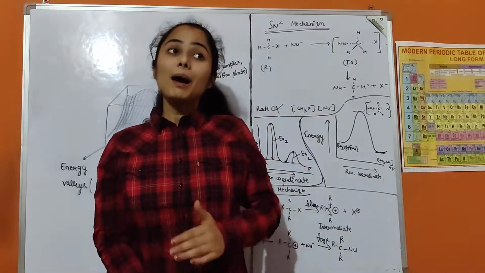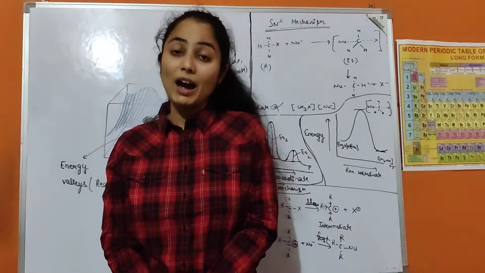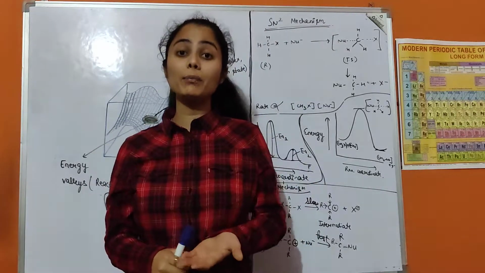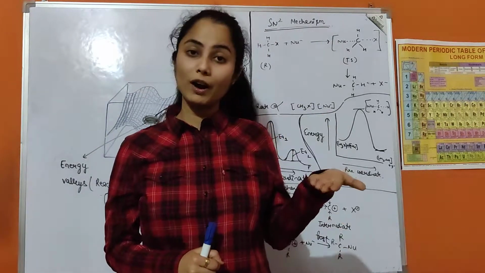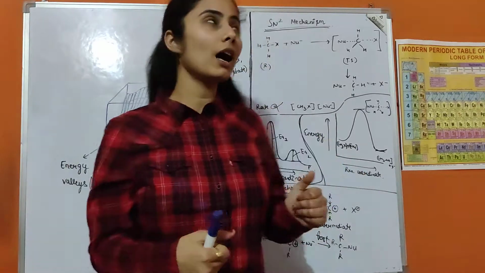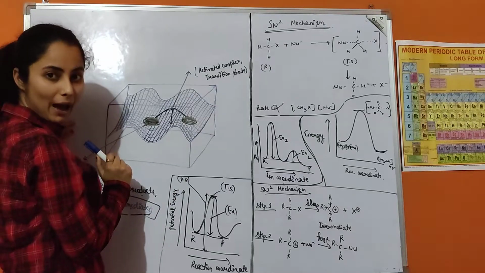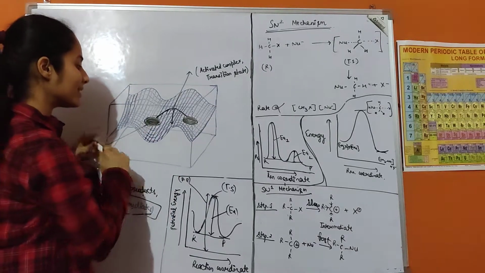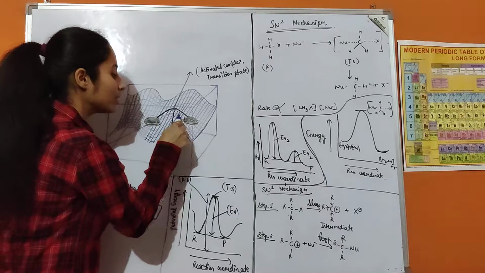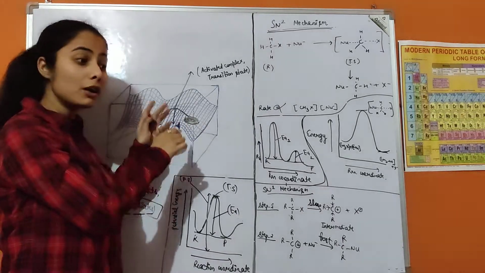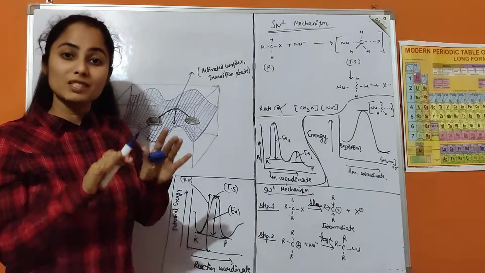Now imagine hiking a mountain range having a number of hills, valleys, and mountain passes which lead from one valley to another. Here I have drawn this three-dimensional topological map. You can see that these black spots represent the valleys. We know that valleys are low altitude surfaces.